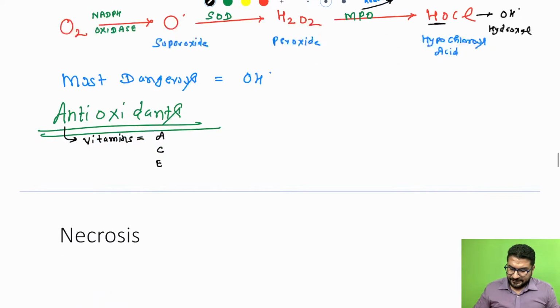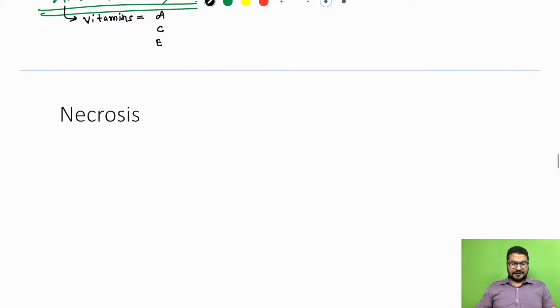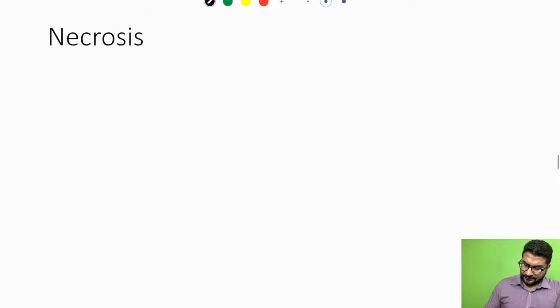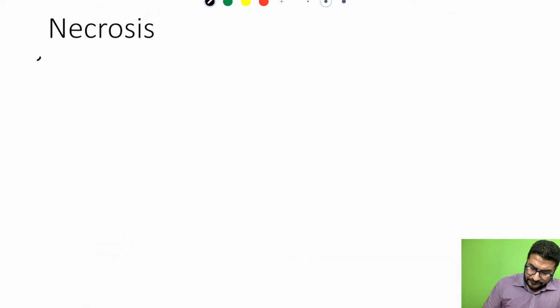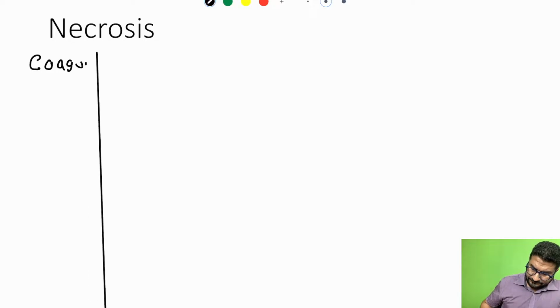ओके, अब एक बार देखो नेक्रोसिस से क्वेश्चन को आपको कैसे सॉल्व करना है. What type of question do they ask you from necrosis? सो मैंने आपको, like I told you, various types of necrosis, so just try to understand. अगर मैं आपको ये सारी necrosis summarize कर दूँ, so I told you coagulative necrosis, then we have discussed liquefactive necrosis.